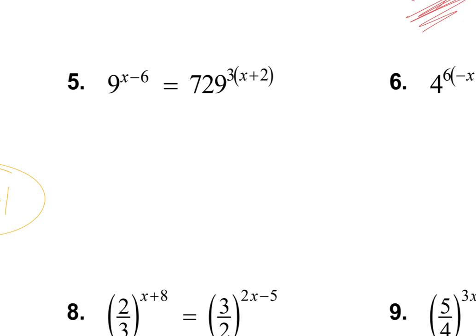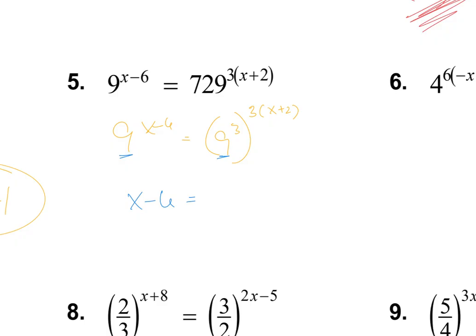9 to the third power is 729. So 9 to the third power raised to the 3 times x plus 2 power equals 9 to the x minus 6 power. I'm going to go ahead and assume that, hey, we've got the 9, we've got the 9.